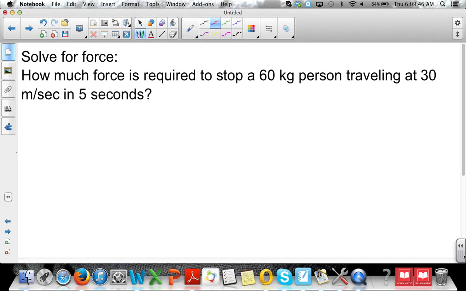I'm going to write the formula again. And make sure you put V2 first, not V1. It's an easy mistake to switch those. So I'm going to go through each of my variables. So F, that's the one I don't know. It said how much force. T, it gave me 5 seconds.